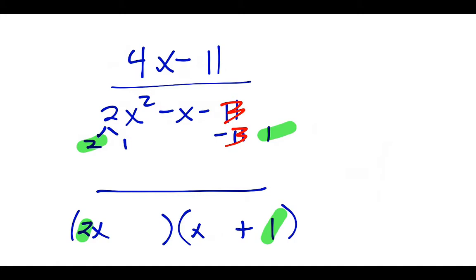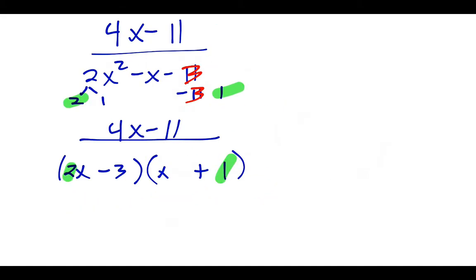Now the x plus 1 is right here. That's already part of it, so it's already got a place. So the minus 3 is the only thing left to put into factored form. Okay, so it factors nicely. And then up top it's 4x minus 11 still. That's step number 1: you got to factor the denominator.